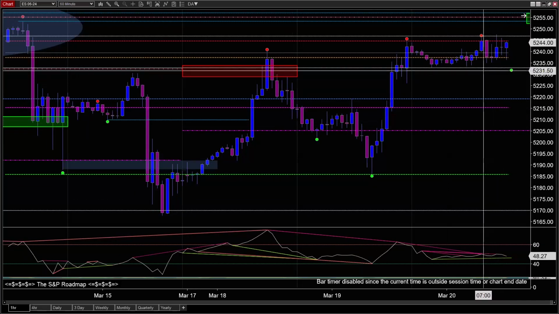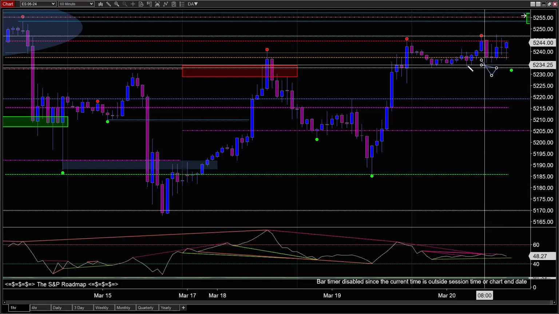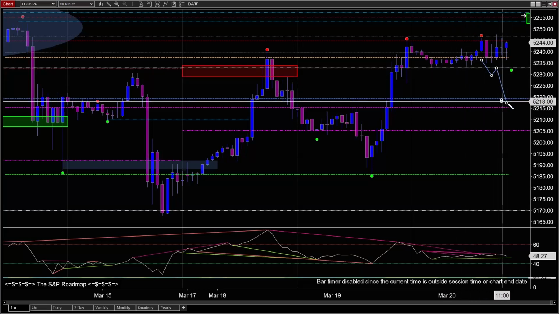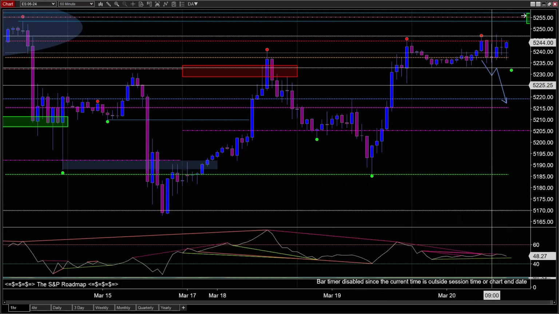And the first condition for the bears was to get below the overnight lows and get below our major market roadmap level. And then we could target down to 50%, understanding that we did have a major swing high in front of it. Okay.